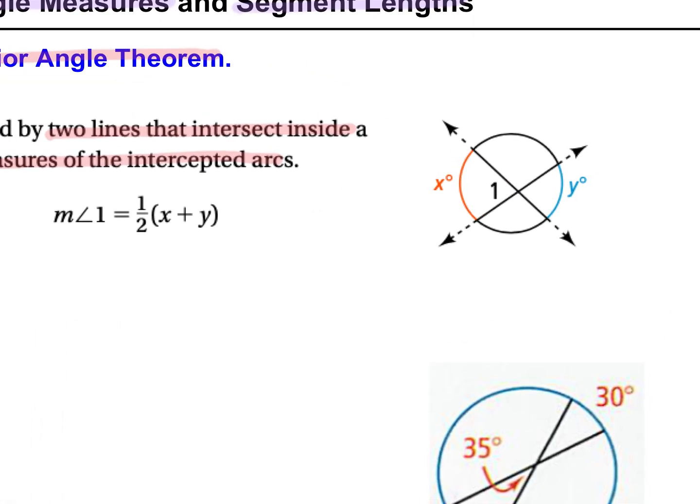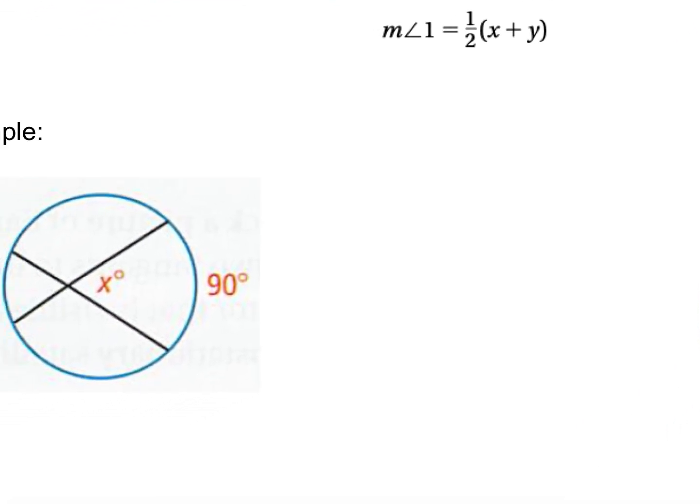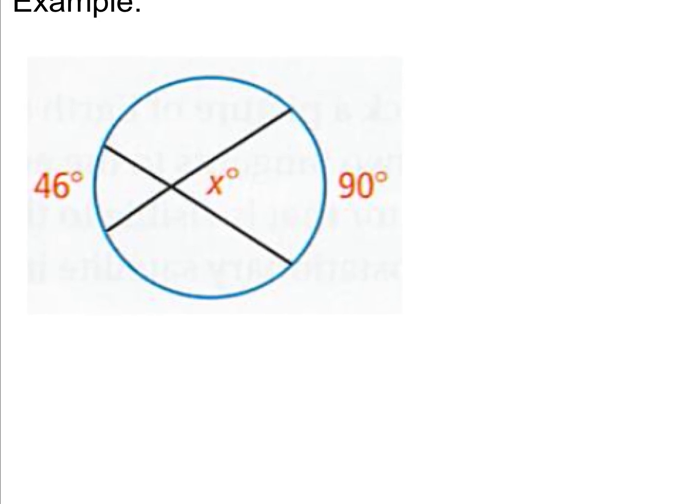It says that if we would like to find this angle 1, which is actually an interior angle, what we're going to do is simply add the intercepted arcs divided by 2. Okay, as simple as that. So let's look at this example.